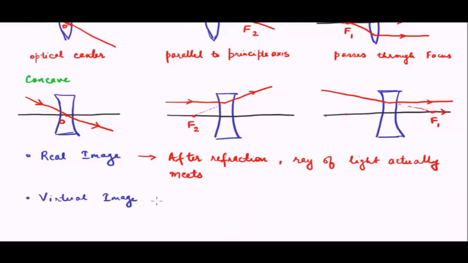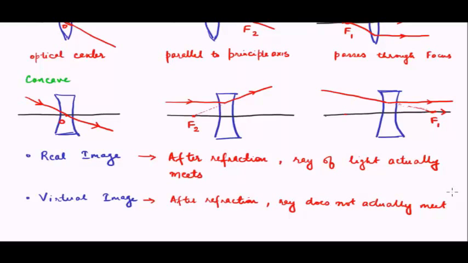In the virtual image case, after refraction, the rays of light do not actually meet, rather they appear to be meeting at a point if extrapolated back.